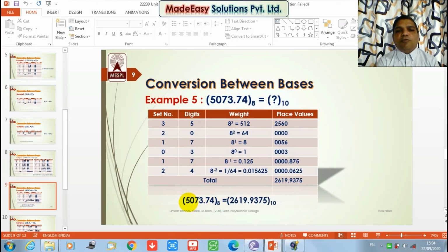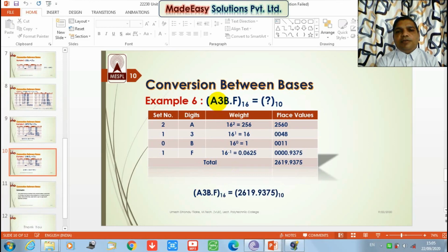In octal also we had selected such a number that we got the same decimal equivalent. So now here in example 5, when we convert this number into octal, we must get this answer. So here we had considered A3B.F6 hexadecimal to convert into decimal. So we are converting this decimal into different bases in this lecture now. So our hexadecimal equivalent must be this one in example 6.